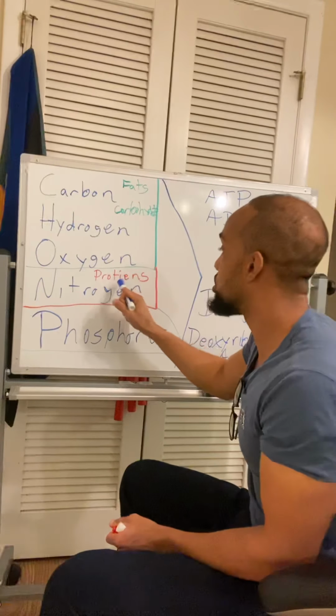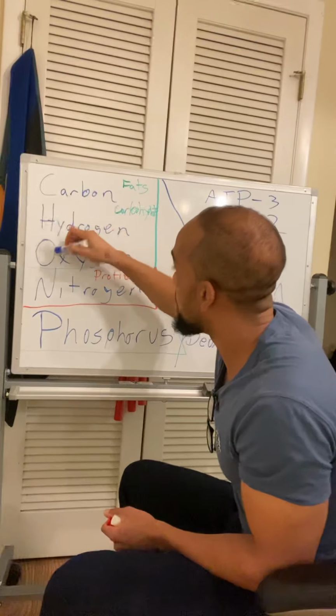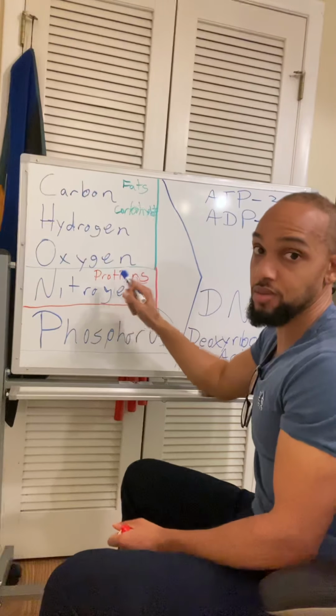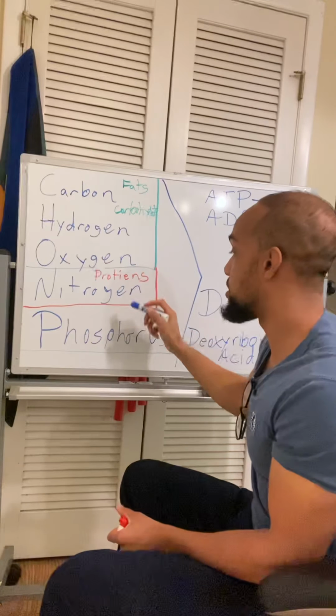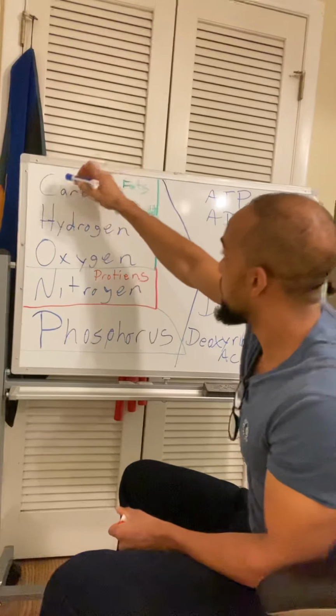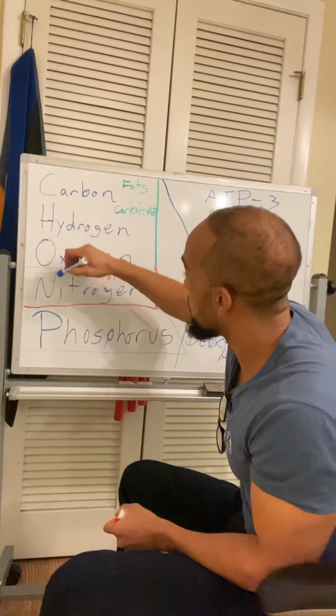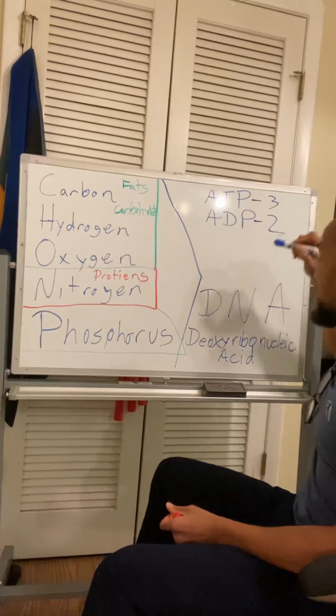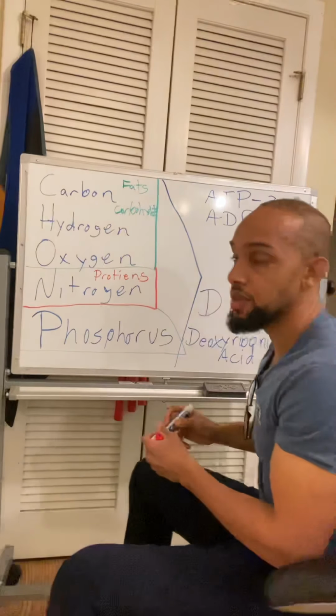Then when you add nitrogen to the mix, CHON, that's the ground basis for your proteins. So there's that right there. And then phosphorus, a combination of CHONP makes up your ATP, ADP, and your DNA.